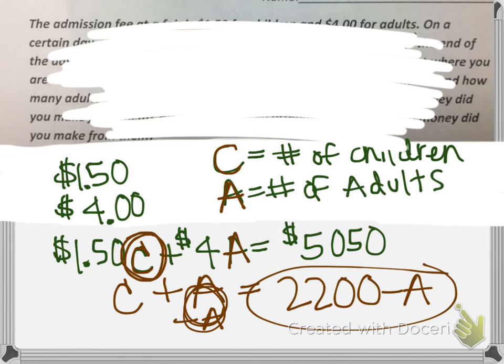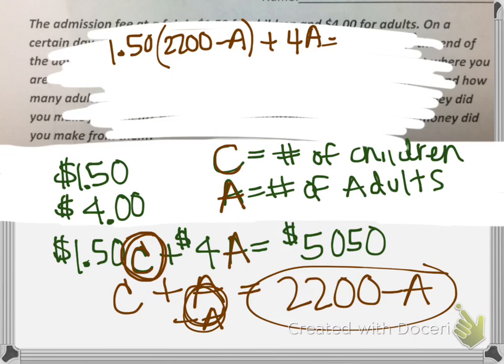So now we've got 1.50 times parentheses, we're plugging in 2,200 minus A, plus 4A equals 5,050. Okay, so we're going to distribute 1.50.